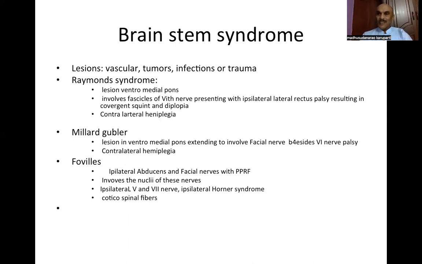In addition to that, exiting fibers of the facial nerve are also affected. So it presents with the ipsilateral abducens nerve palsy, ipsilateral lower motor neuron type of facial nerve palsy, and contralateral hemiplegia. That is Millard-Gubler syndrome. Then Foville syndrome.